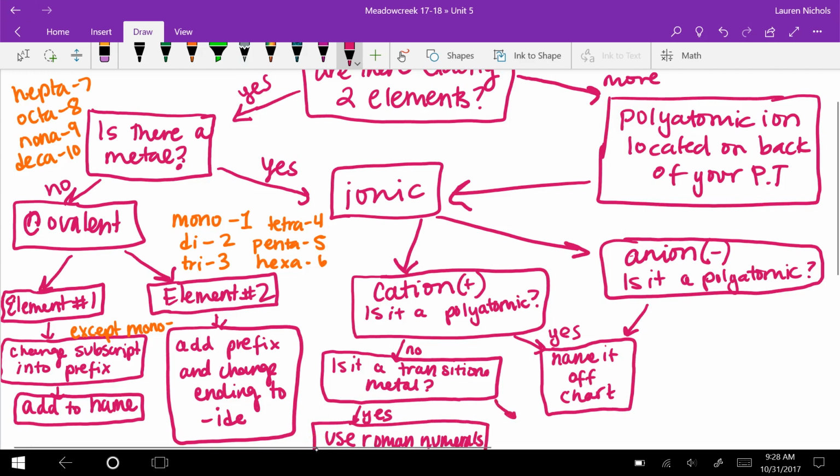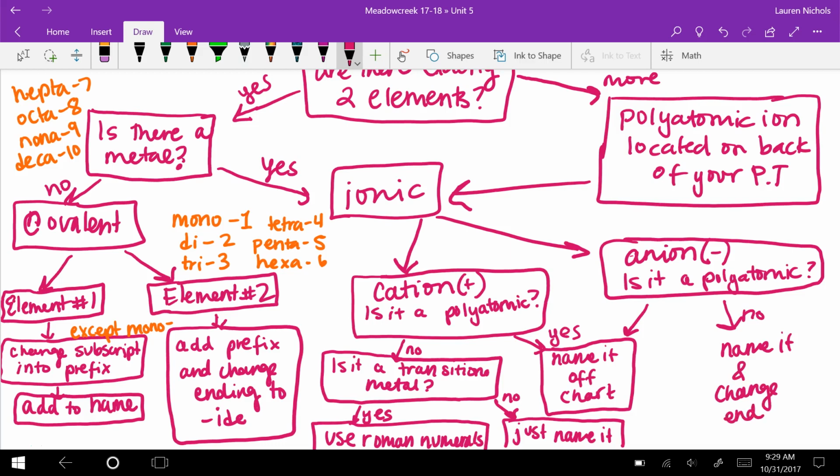But if the answer is no, then you just write the name from the periodic table. Now for your anion, if it's not a polyatomic, then you name it and change the ending to IDE.